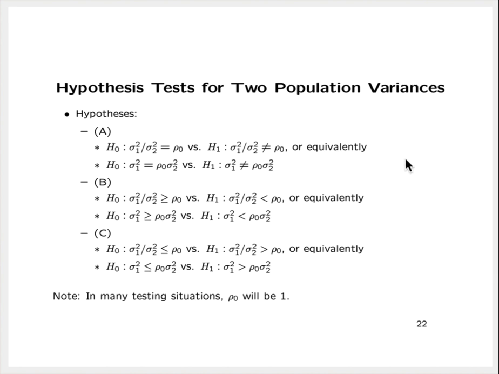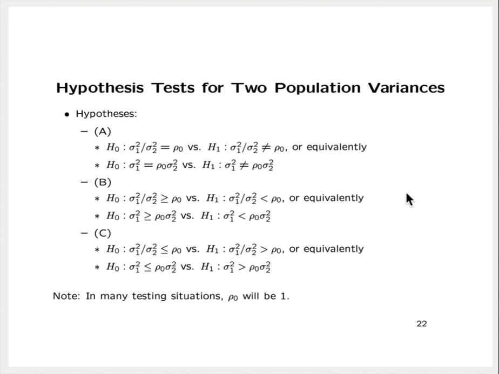I've stated each of these sets of hypotheses both in terms of the ratio of the population variances, but also in terms of having each population variance on one side of the relationship here, as you can see.